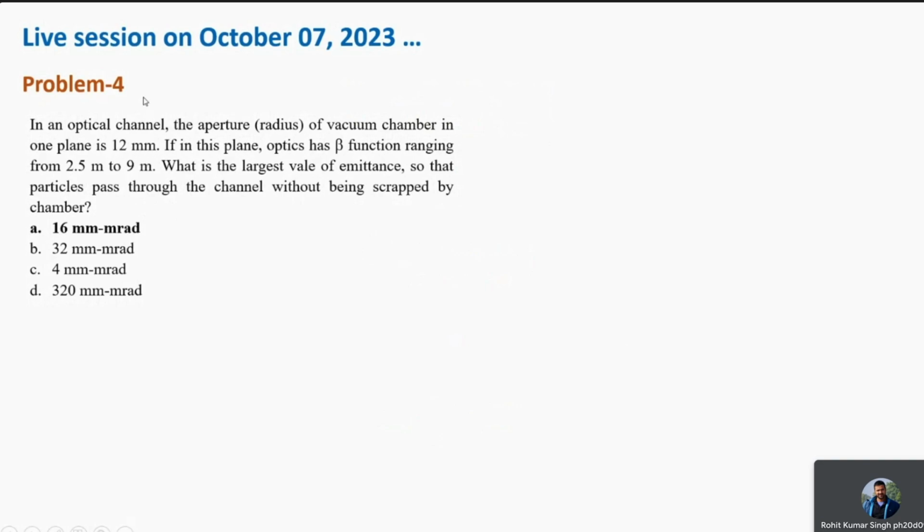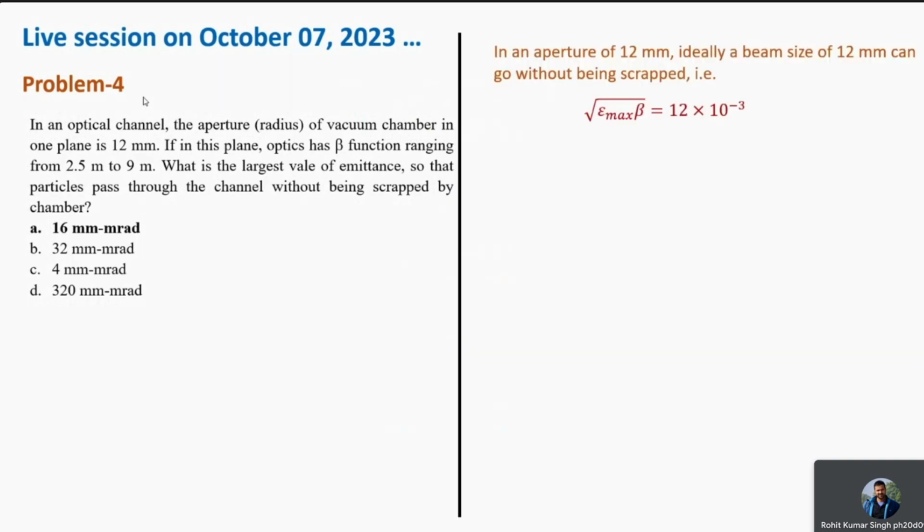Now we have chamber radius 12 mm. So ideally the beam size can go up to 12 mm. Up to 12 mm, if the beam goes, it will just pass through the chamber. It will not be scraped by the chamber in the ideal case. So we think of it as square root of emittance times beta should be 12 mm.